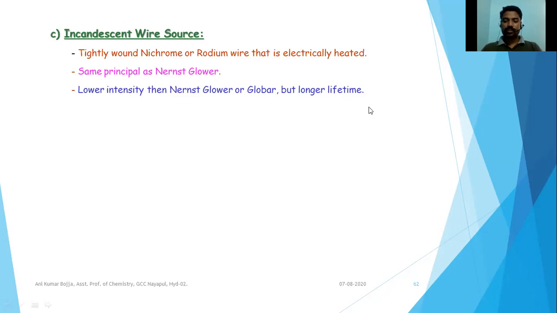Of course, it will produce the radiation pertaining to mid IR and far IR, but it is not that strong. It is not as efficient a light source to produce light in the complete region of infrared as Nernst glower and globar filament, but it will function for a long time.